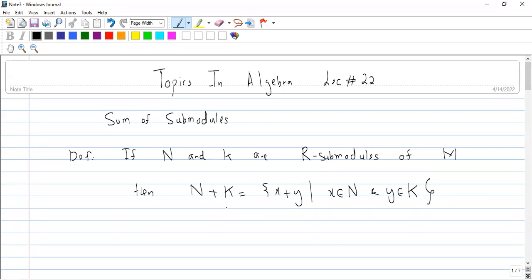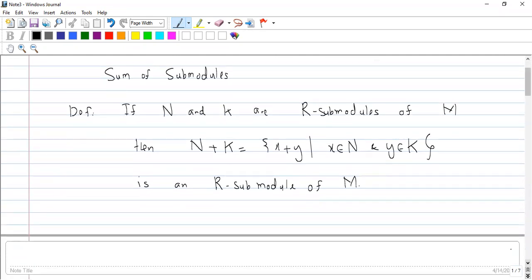So this is an R submodule of M. One can see why n plus k is a submodule, because elements are in the form of x plus y, where x is an element of n, y is an element of k.